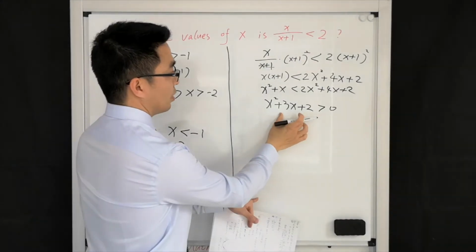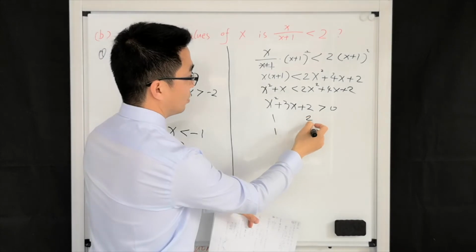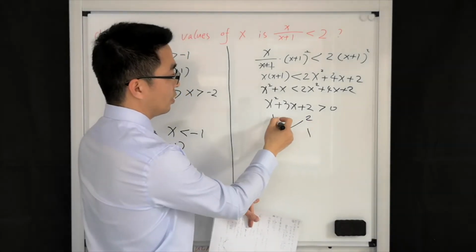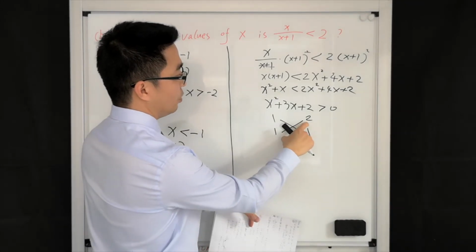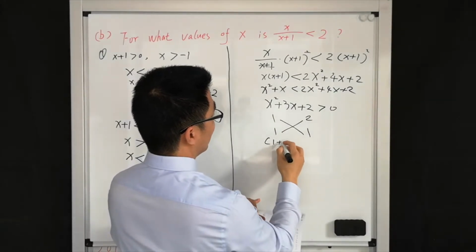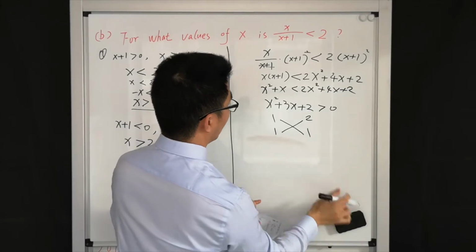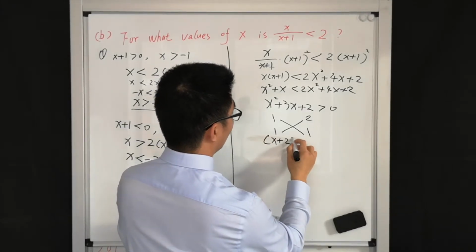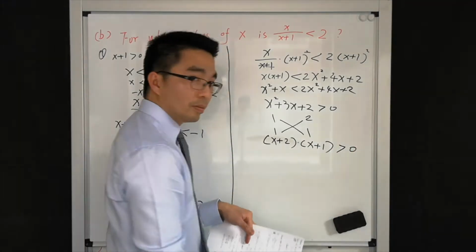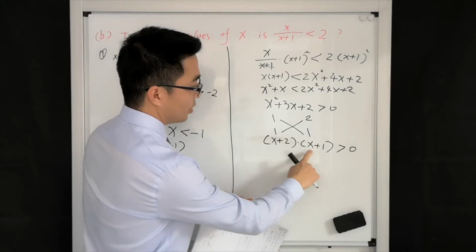For this 1, 3, 2, we use the cross method: 1, 1, 2, 1. So these two times together is 2, and 1 times 1 is 1, so we have 2 plus 1 is 3. So we have x plus 2 times x plus 1 greater than 0. Okay, we find two zeros from here, negative 2 and negative 1.